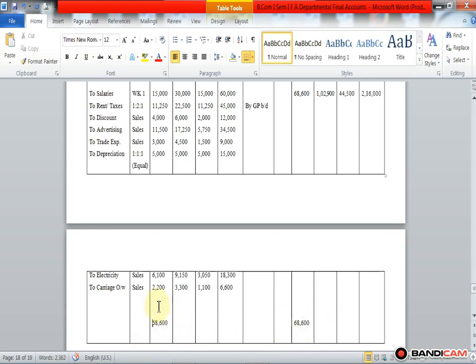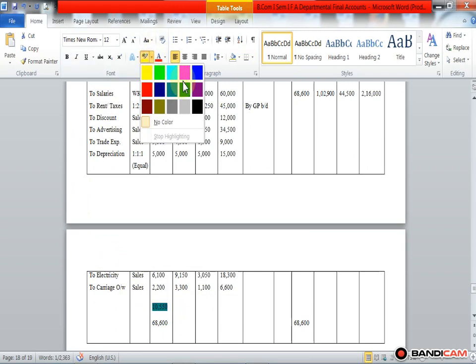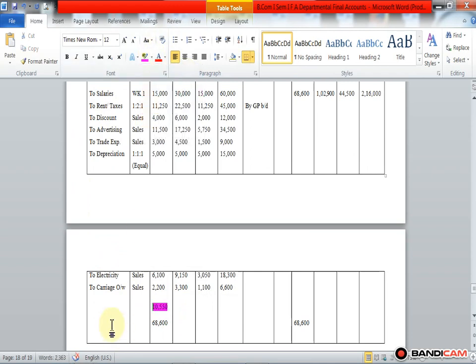The difference is 10,550, and that difference is called net profit. So we get a net profit, transferred to general P&L account.